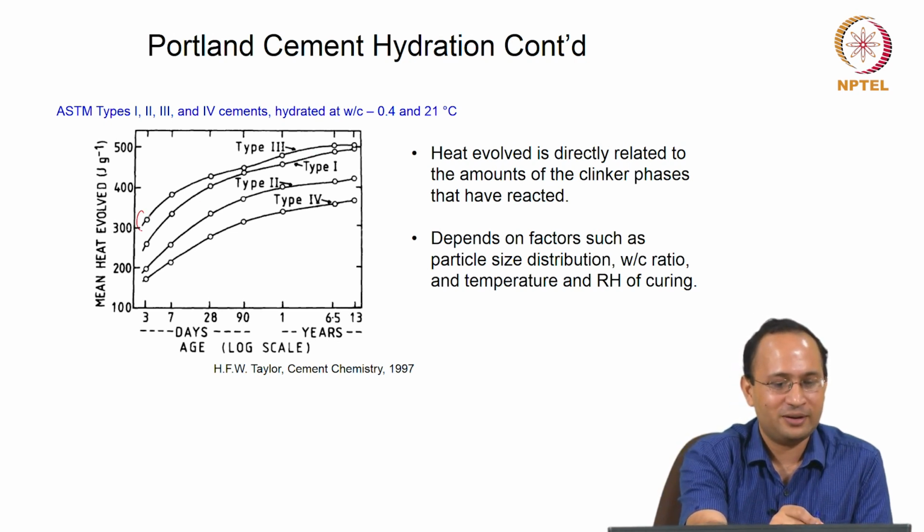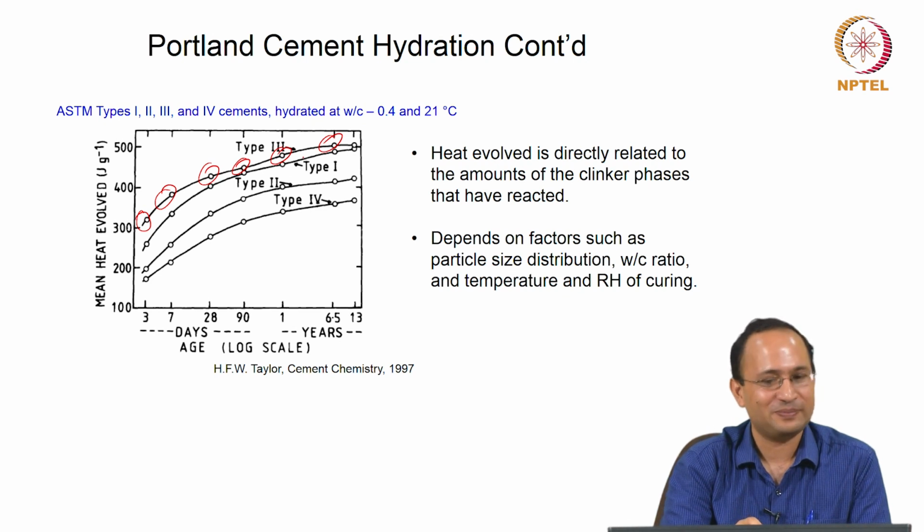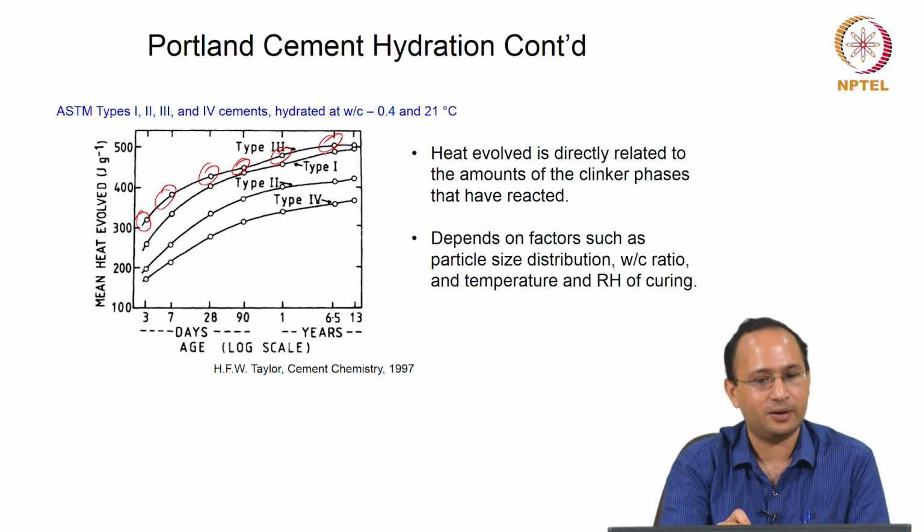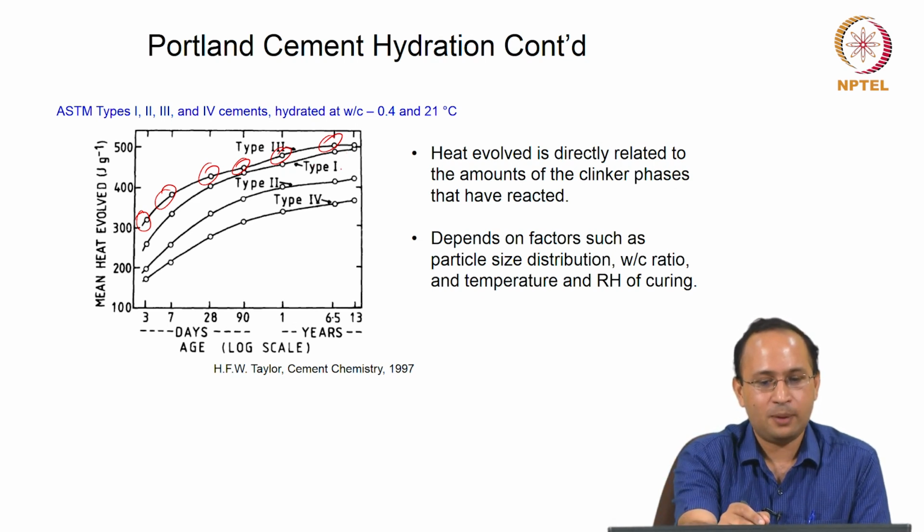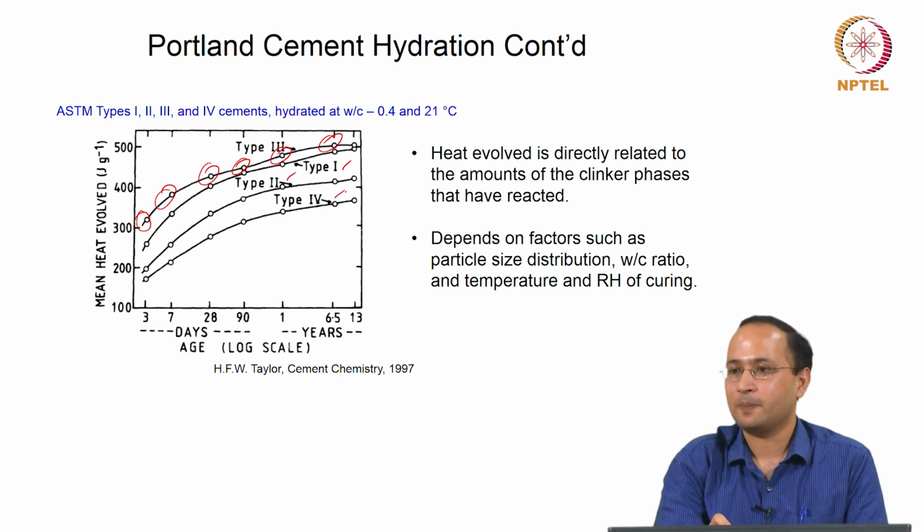So, you have the highest heat, right, at all ages. Now, it is getting very similar to type 1 at later age, but at least at early age. Type 1, type 2, type 2 anyway has more, type 2 is low heat cement, moderate sulfate resistance.